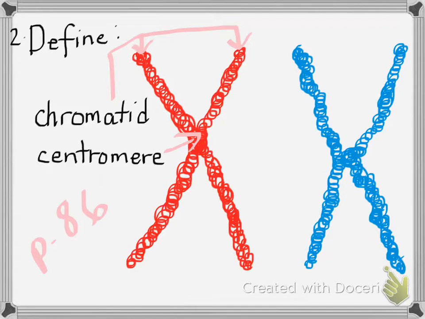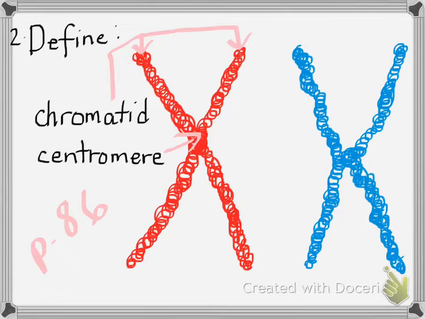Isn't it one side of a double-sided chromosome? One side of a double-sided chromosome? Okay. In your own words, how would you describe centromere? The center where the two chromatids are joined. It's where the two chromatids are joined. Centromere. You okay with that?